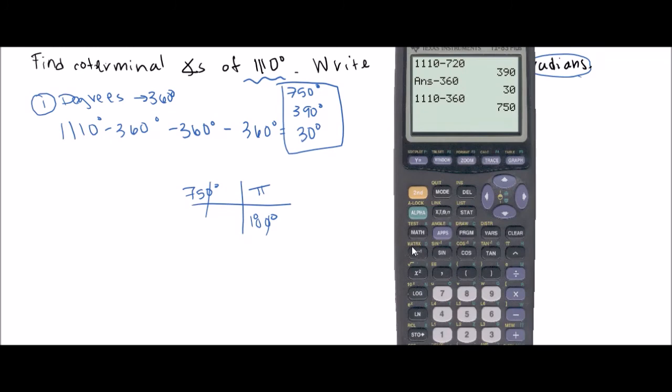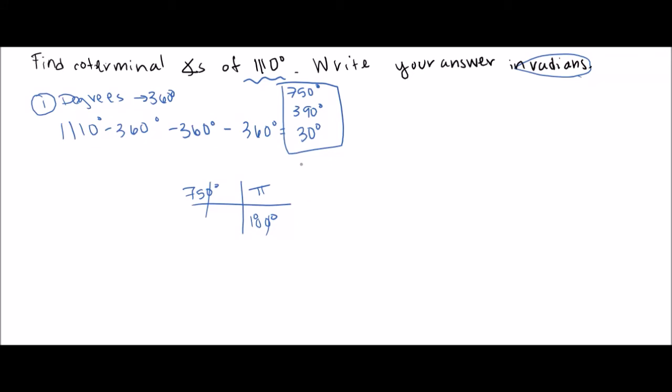And we do 75 over 18, and we get, oh boy, let's try and make that into a fraction, and make that 25 over 6, and don't forget that that is 25 pi over 6 because we left the pi out here. So 25 pi over 6.